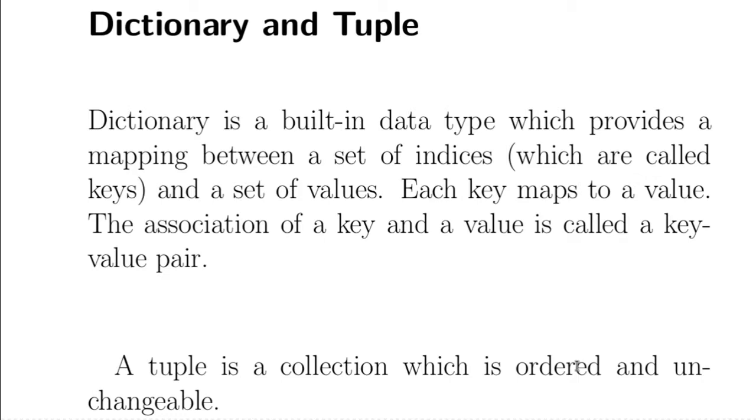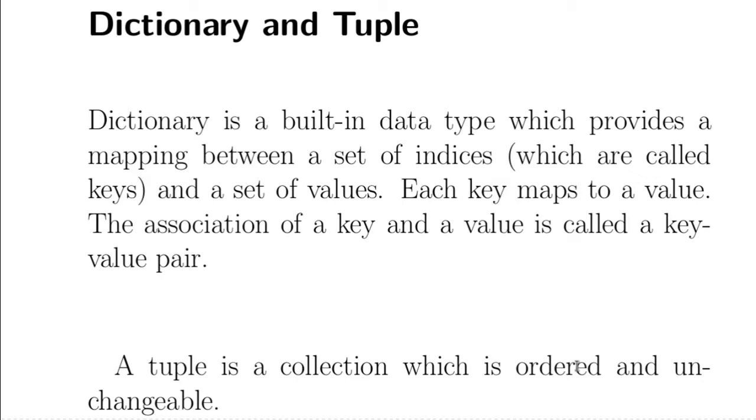For example, if you are trying to build a bilingual spoken language dictionary, say an English-Malayalam dictionary, you can create a dictionary data structure with the English words as keys and corresponding Malayalam words as values.